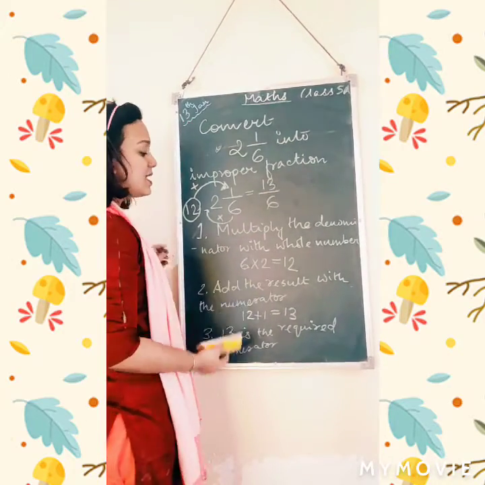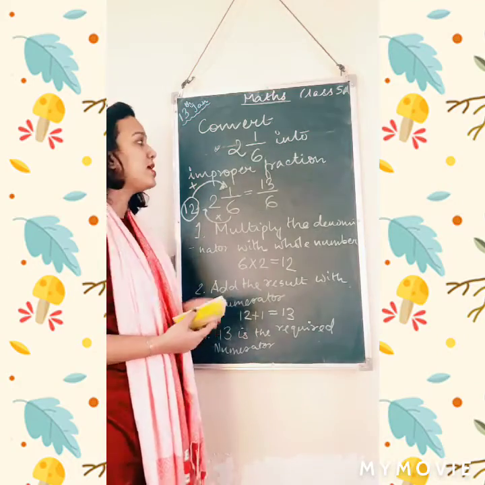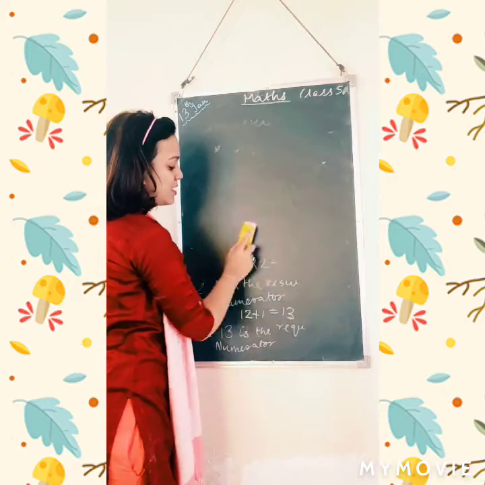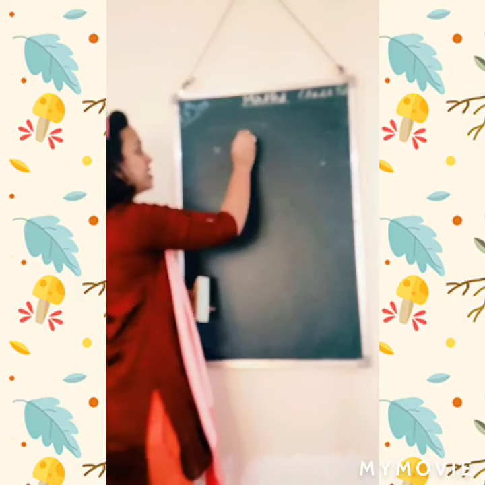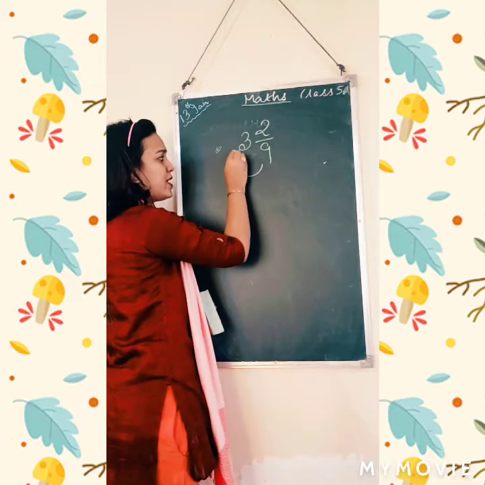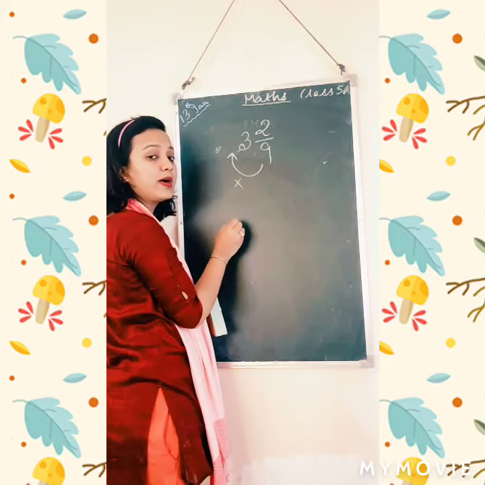In this way, you have to convert a mixed fraction into an improper fraction. We will see one more example so that you become very clear on it. Suppose I take the number 3 2 by 9. First I multiply the denominator with the whole number 3.